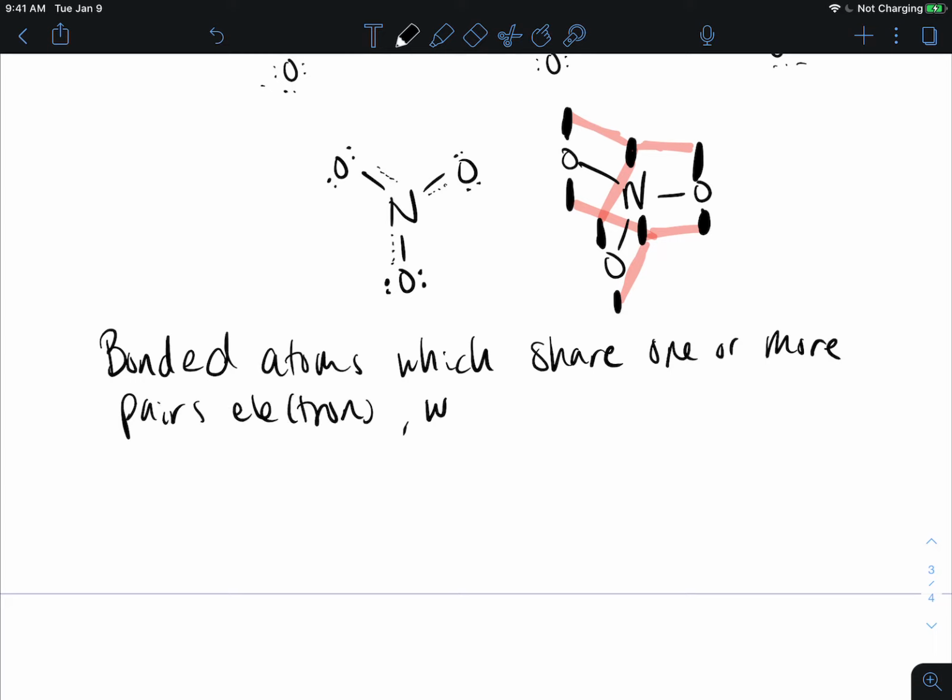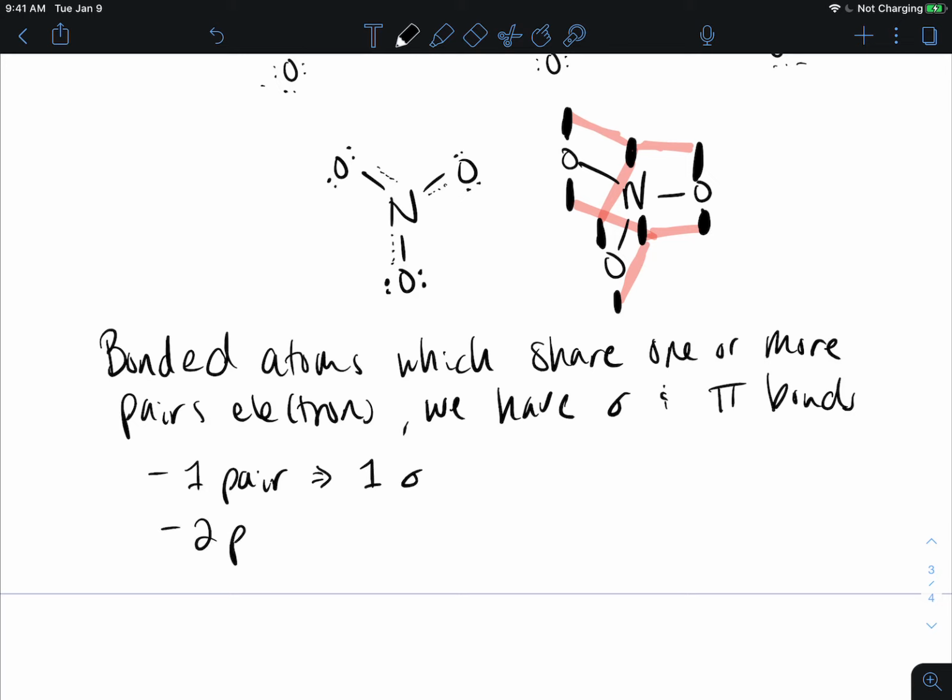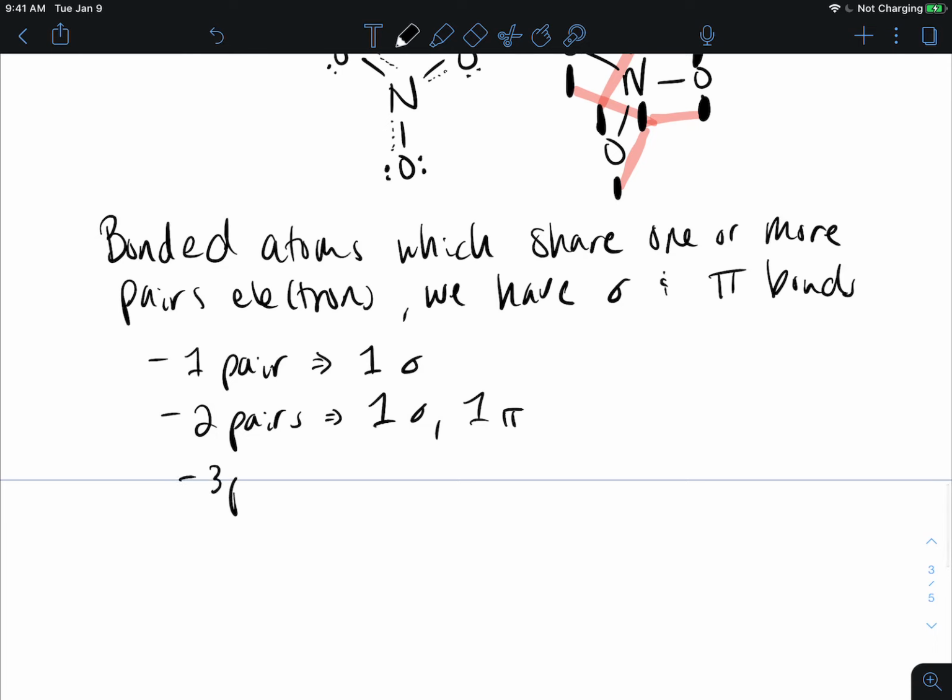We produce sigma and pi bonds. So 1 pair, 1 sigma. 2 pairs, 1 sigma, 1 pi. 3 pairs, 1 sigma, 2 pi.